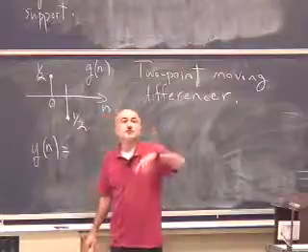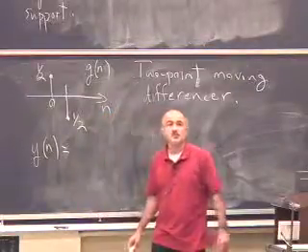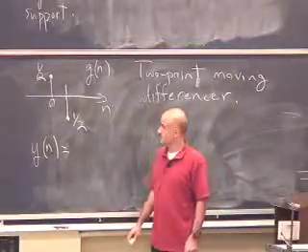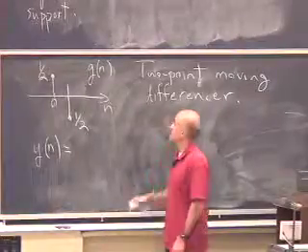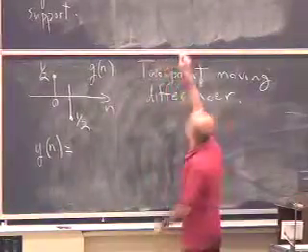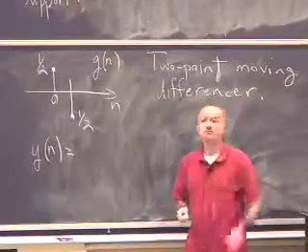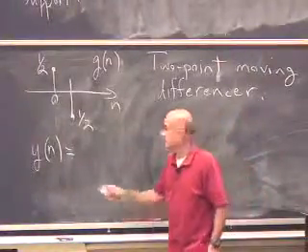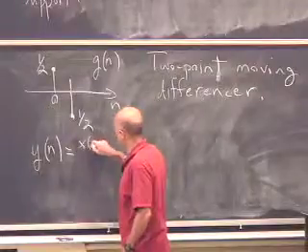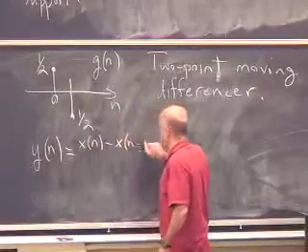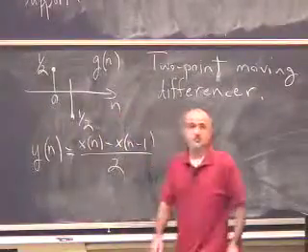What's your name? Jeremy. Jeremy, can you tell me what it is? In the other case, it was y of n equals 1/2 times x of n plus x of n minus 1. What is this one? So 1/2 x of n minus 1/2 x of n minus 1, that is, x of n minus x of n minus 1 over 2.